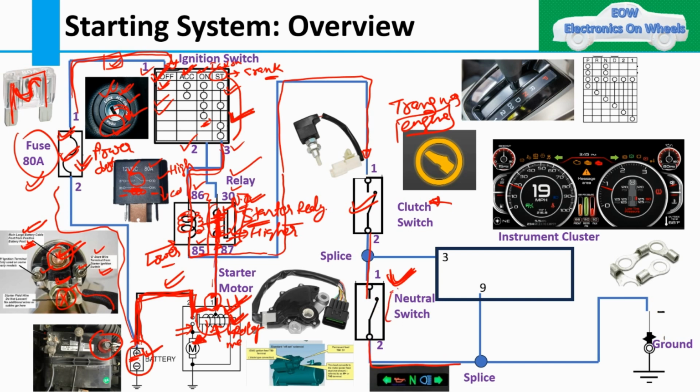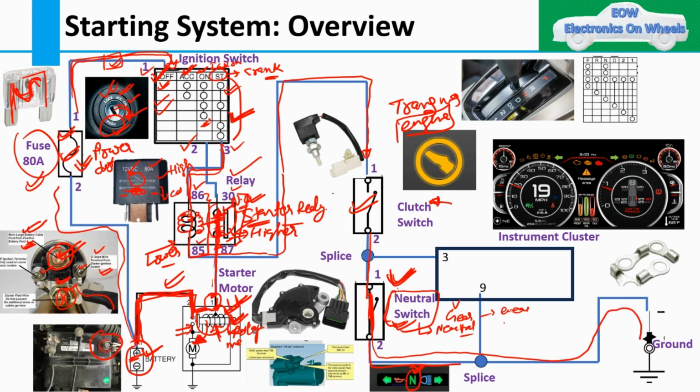The neutral switch tells whether your vehicle is in gear or in neutral, whether it is engaged with any gear or in the neutral state. If it is in the neutral state, then it will be closed, and this is the symbol generally used for vehicles and construction vehicles. Only if it is in the neutral state will it be closed and make the path like this.